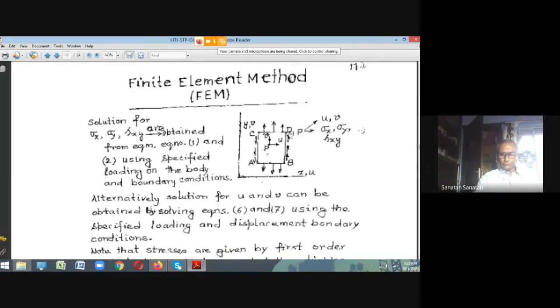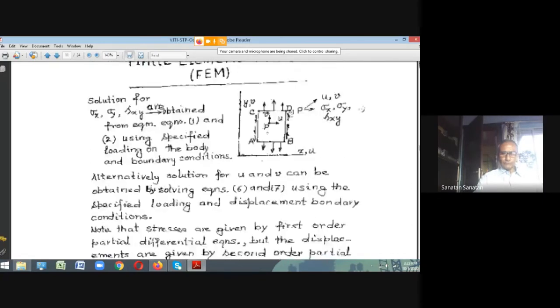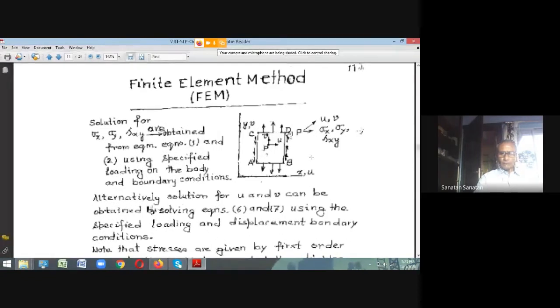I just want you to think for a moment that suppose this is the body, a rectangular body, simple geometry, and its boundary loading is specified, and loading can be non-uniform all over the boundary. And I would like to now also come down to the point that this problem of stress analysis is equivalent to finding out the u, v displacements at every point of the body.